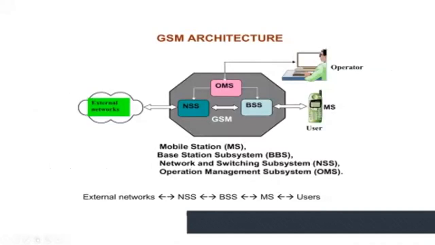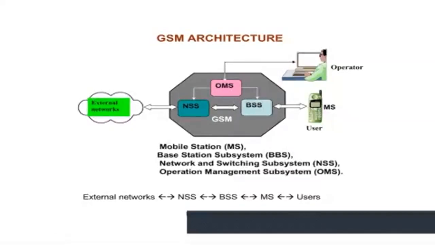The mobile operator ensures that the operations are being done. So this is the chain where the external network, NSS, BSS, MS and users are directly joined. This is the diagram of GSM architecture.